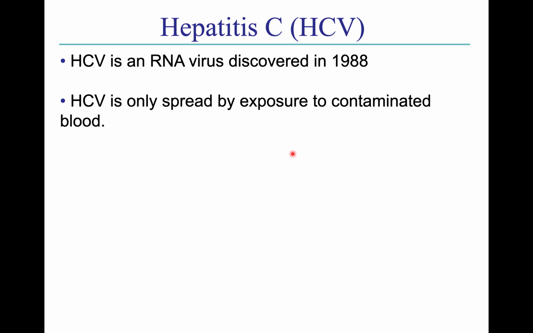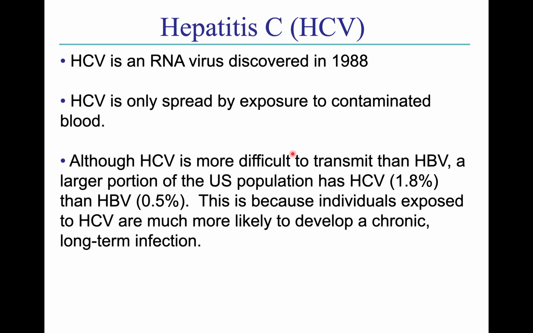So hep C, unlike hep B, is an RNA virus, and this wasn't discovered until 1988. And it's a bloodborne virus, so you can only catch it in ways similar to HIV, really exposure to contaminated blood. So it's a lot more difficult to transmit than HBV.